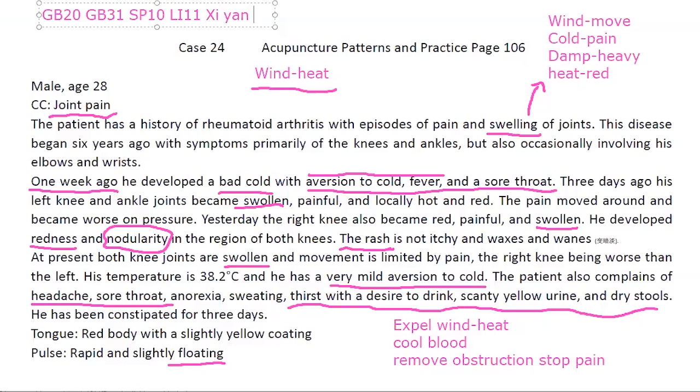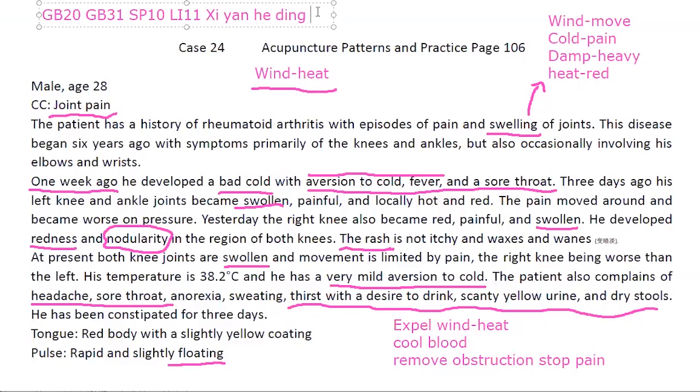And another extra point we call Heding, that's on the top of the knee. That's another extra point that still treats the knee problems.